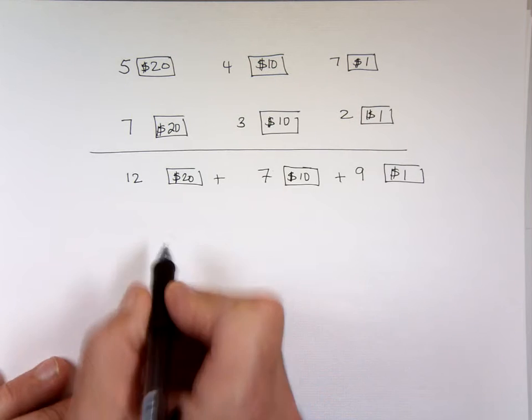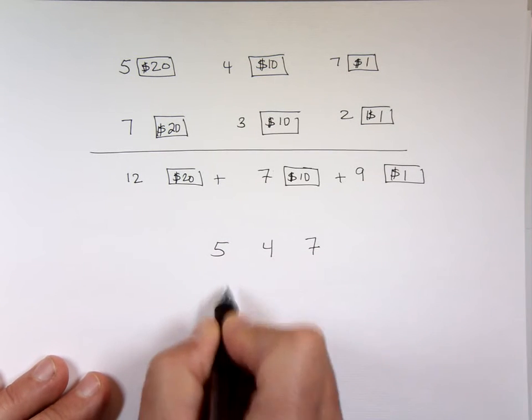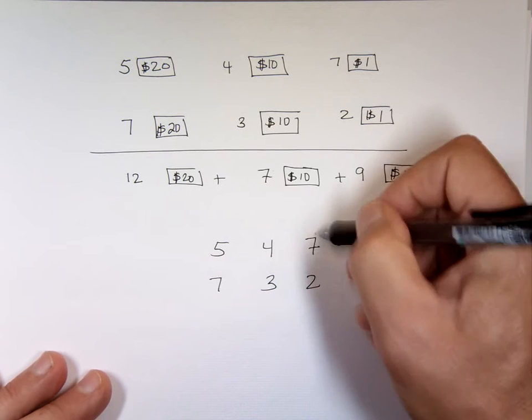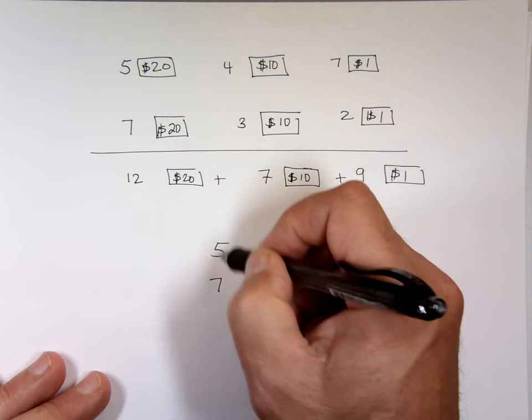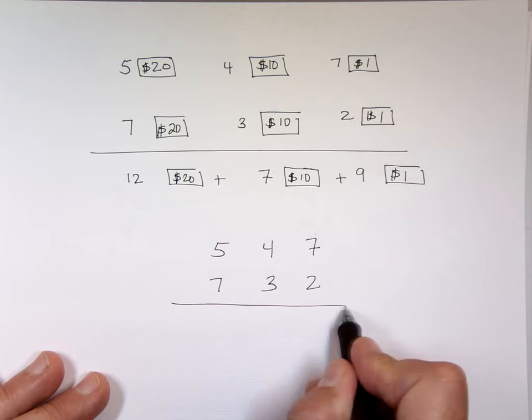When you have 547 and you want to add to it 732, notice what I did. I wrote the 1s on top of each other, the 10s on top of each other, the 100s in this case on top of each other. So when you add them, you line them up.